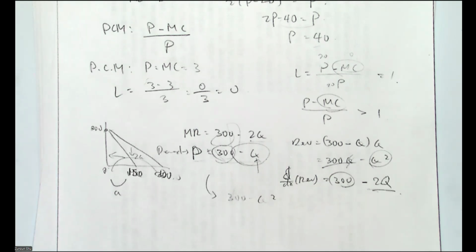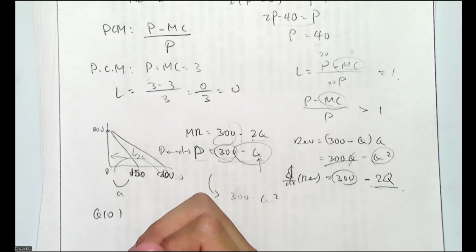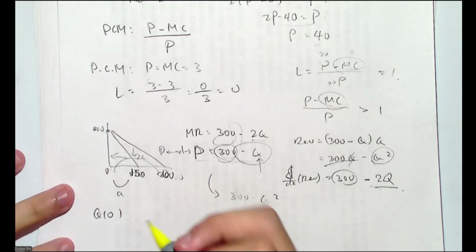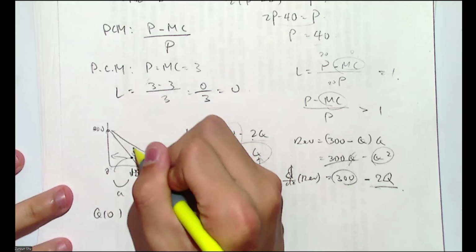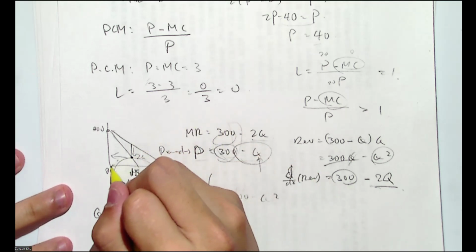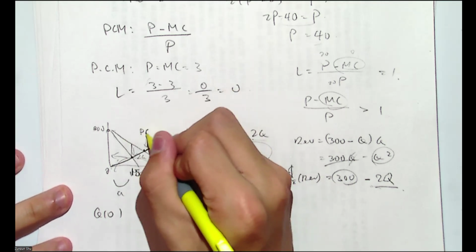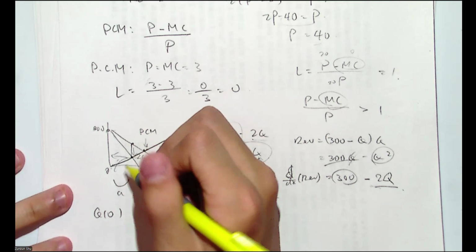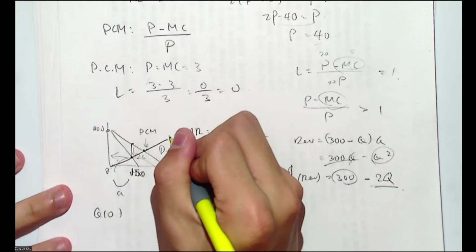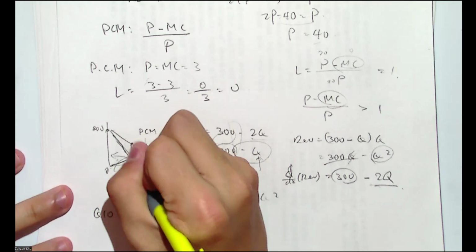Okay, question 10. Compared to a competitive market, a monopoly sells what quantity? Well, we could just use this graph. Competitive market is what? Your perfectly competitive market, PCM. So you use MR equals MC. MR is this line.